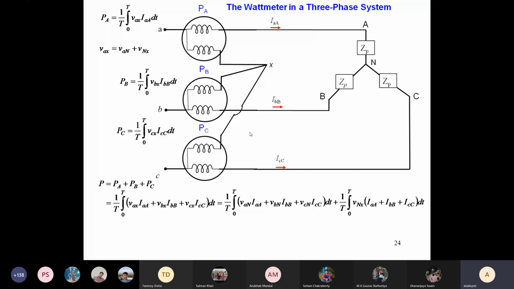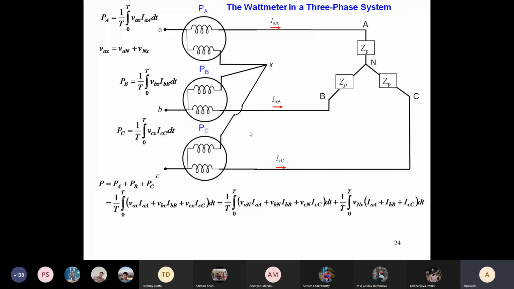If you substitute, you can separate them into two integrals. The first is VAN IA plus VBN IB plus VCN IC dt, and the second is VNX times (IA plus IB plus IC).